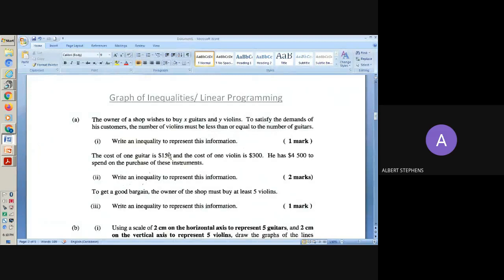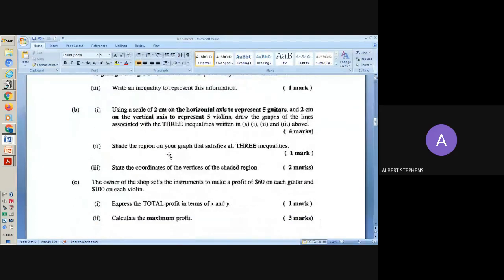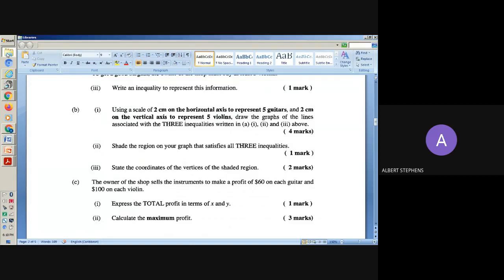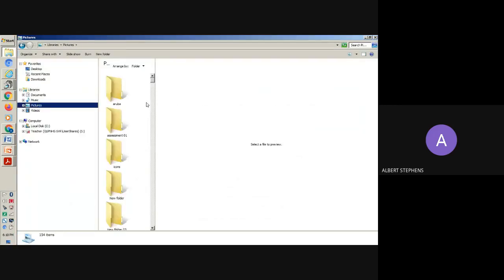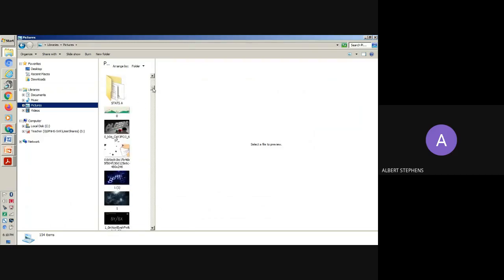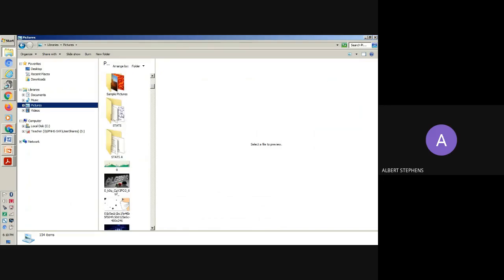All right, let's go down to this question. On your graph paper. So please take out your graph paper. You see what they want us to do? Hold on, let me see if I can find this back before I say anything else. Where is it? Stats. Is it this?